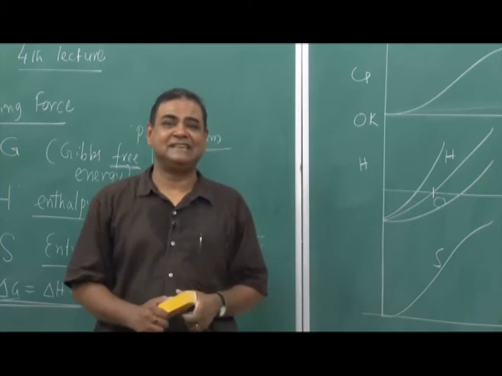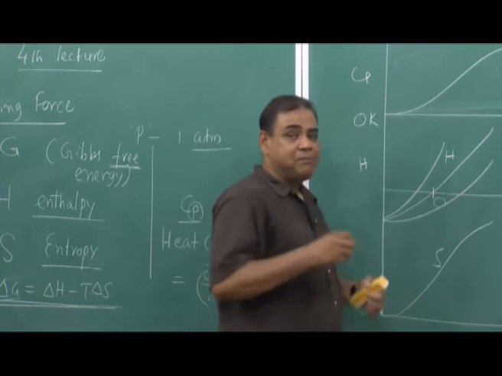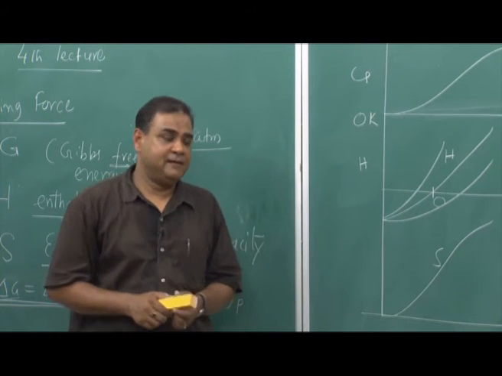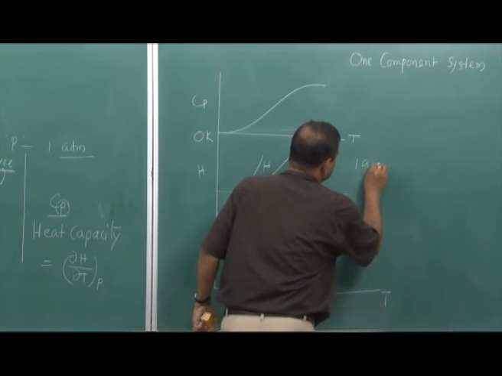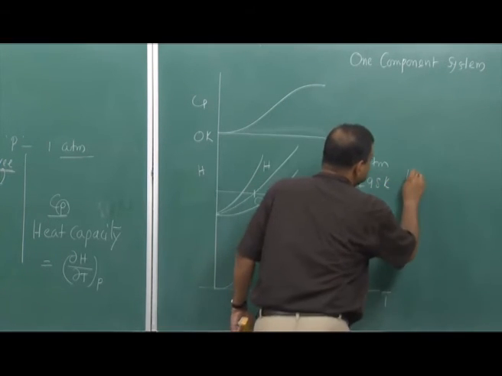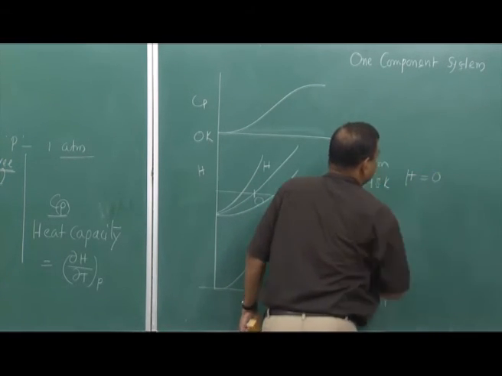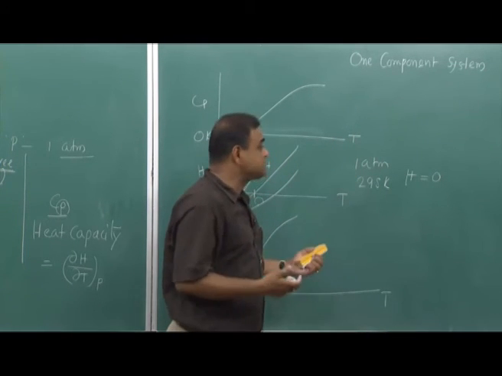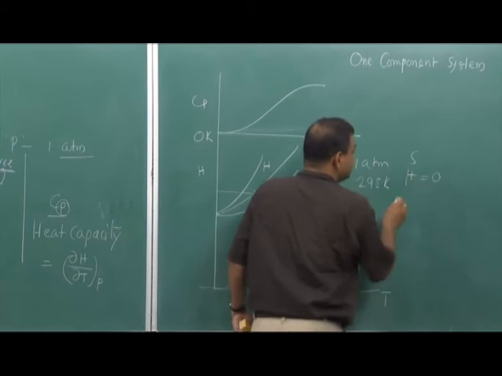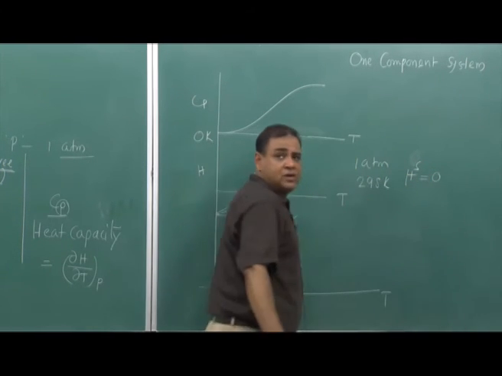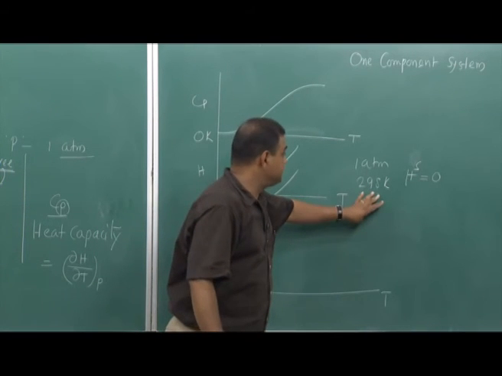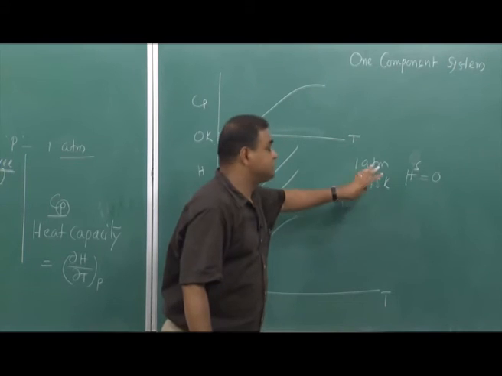And the reference state is the stablest condition of a pure substance at 1 atmosphere pressure and 298 Kelvin, where H takes 0 value. The most stable form of a pure metal is basically solid. So, H solid would be 0 when temperature is 298 Kelvin and pressure is 1 atmosphere.